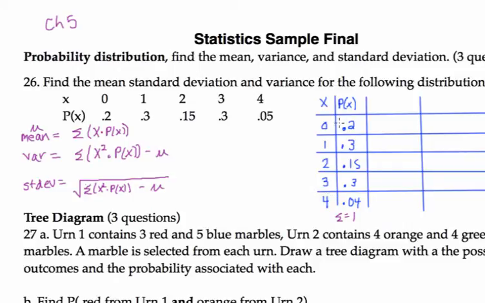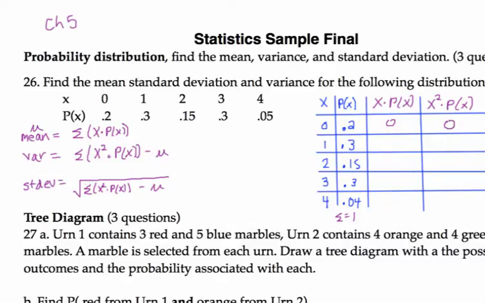So you see over here in this chart, I've rewritten the probability distribution vertically so that it's easier for me to make myself an XPX column where I just times the X times the PX and write it there all the way down, and an X squared PX column where I take the X value, square it, and times it by the probability distribution, or by the probability.